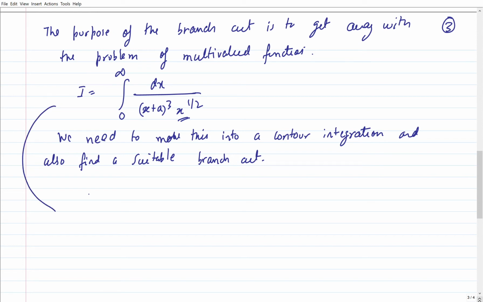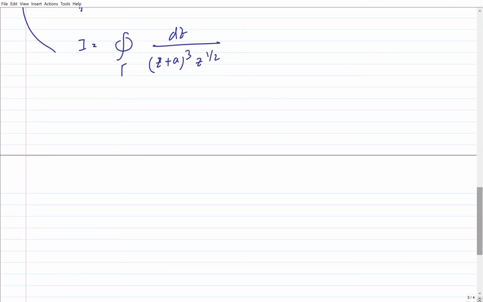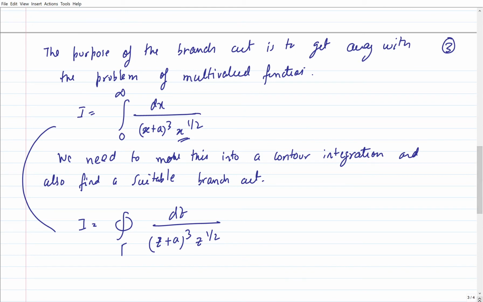So complexifying this integral would be evaluating it over some sort of a contour, which I'll call gamma, and we need to argue that our choice of contour is such that this contour integration over the complex plane yields the value of the real integral which we are interested in.